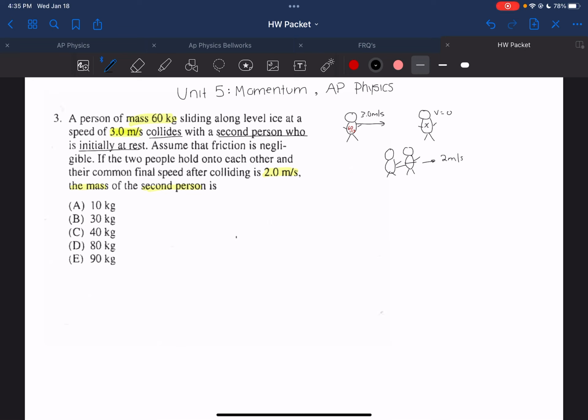So one, I can say that momentum is going to be conserved. A couple things give it away, but it's especially that we're neglecting friction and you're on level ice.